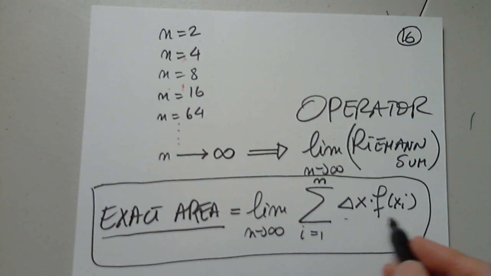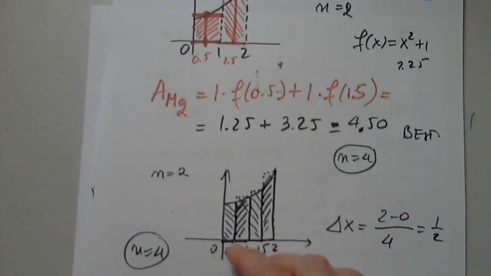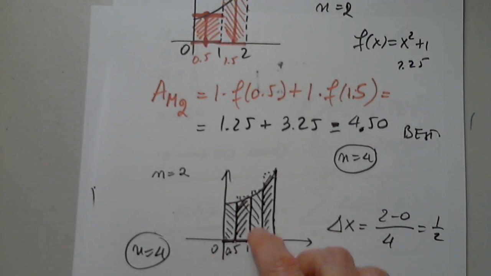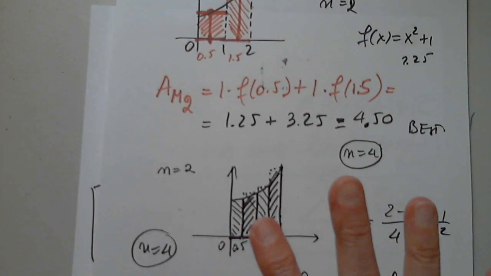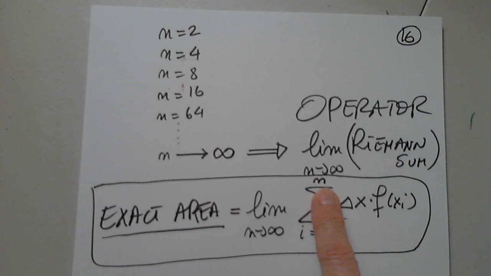And again, where does this come from? It is the sum of the areas of each rectangle. Base times height plus base times height plus base times height plus base times height. 4. But we want infinite. N approaches infinity. That's what this is. And that's why we need the summation notation.